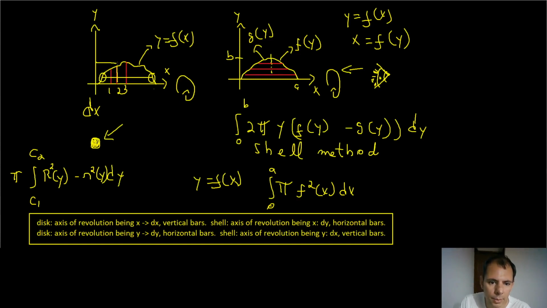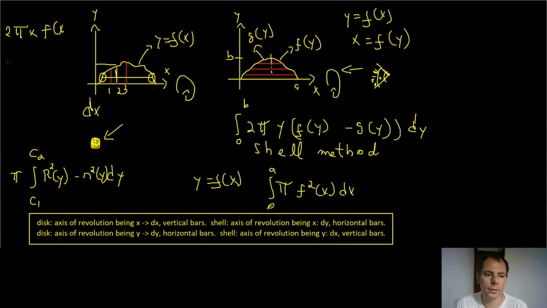So for just this one cylinder here, how are you going to find out what it is? Well, it's 2 pi times this distance, which I'm going to call x, times this distance in here, which is f of x for this x. But what about for the next x? Well, it's going to be the same thing: 2 pi, that value of x, times f of x for that x.